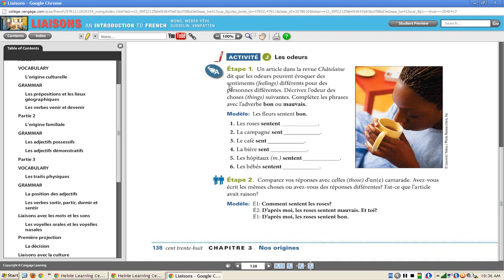Je me sens, tu te sens, to talk about feeling, not smelling, but feeling. So smelling and feeling in French are very strongly linked by the verb sentir and sentiment, the noun. Voilà, and you'll continue on.